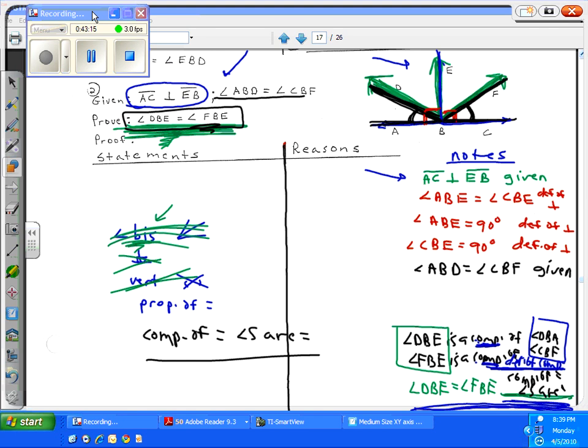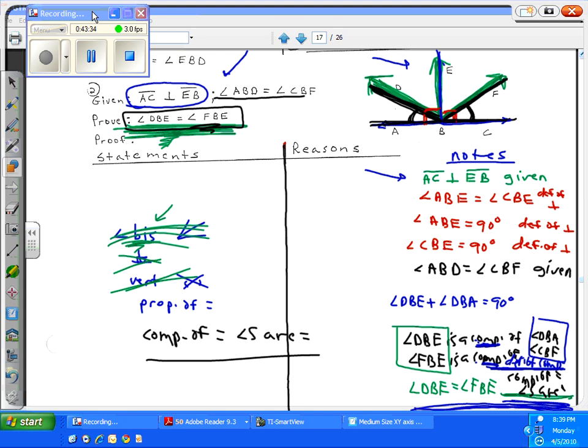And if the reason is definition of complementary, then to be able to say definition of complementary, we have to have the word complementary, which is there, and what we get out of it. And what we get out of it is that they add up to 90.